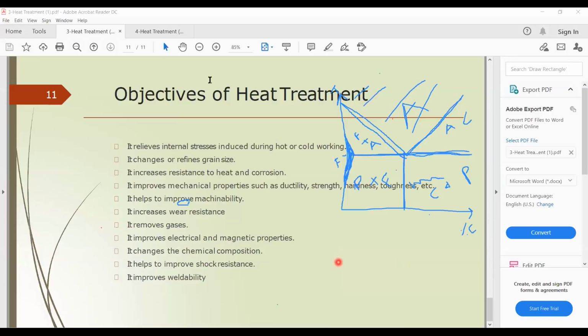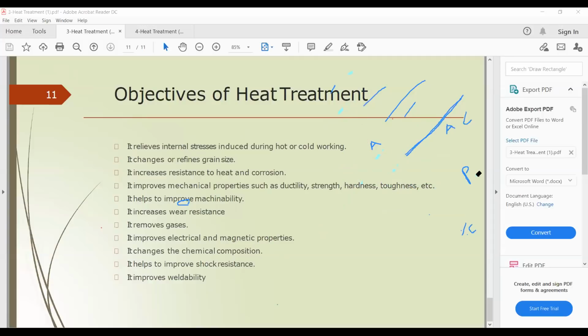Next is the objectives of heat treatment. What's the purpose of doing this heat treatment process? To memorize this one, there are easy ways. You know the heat treatment process.